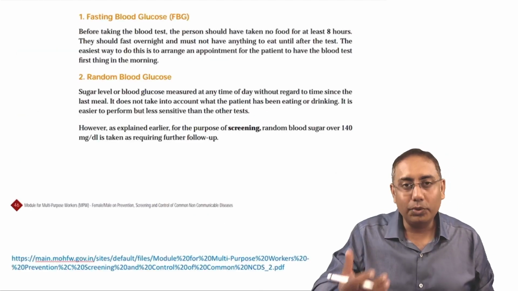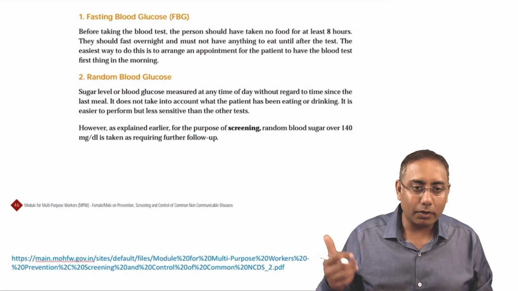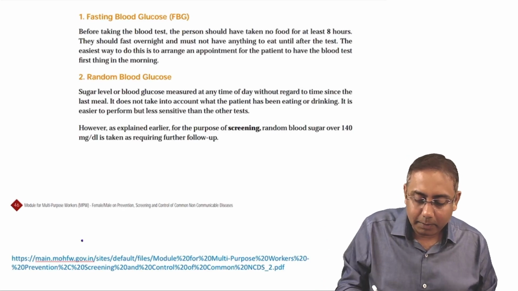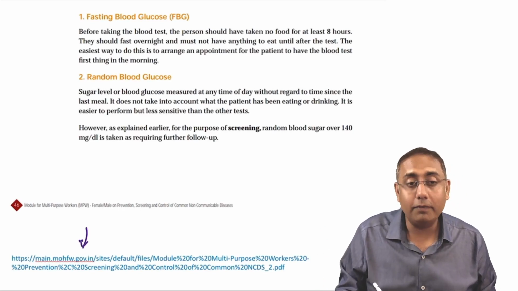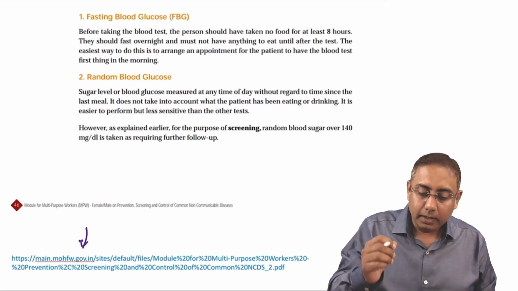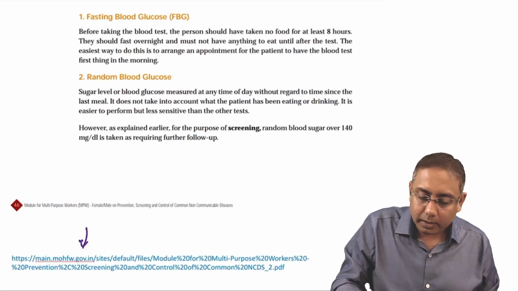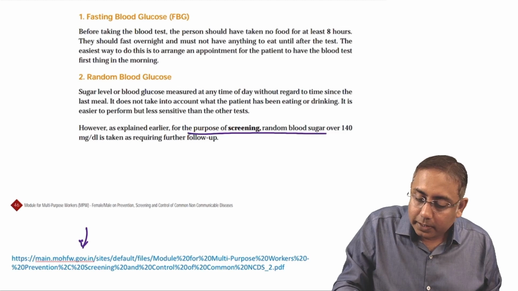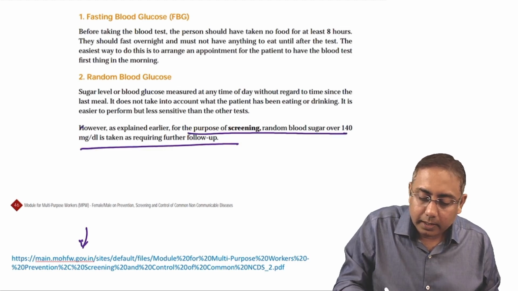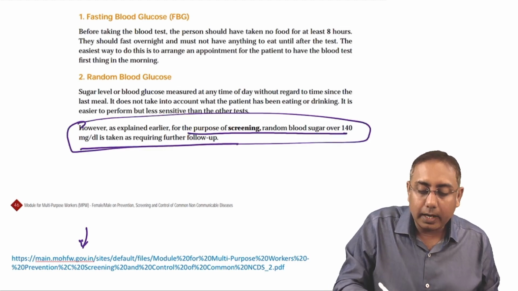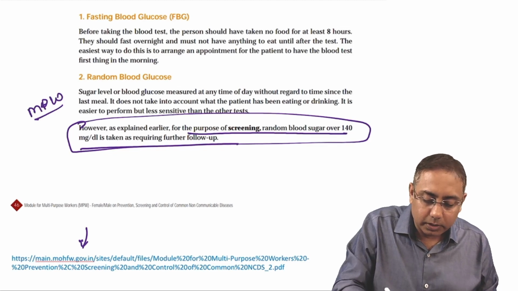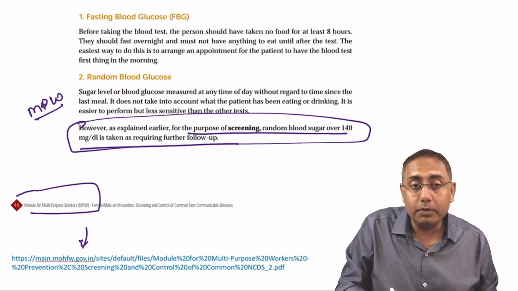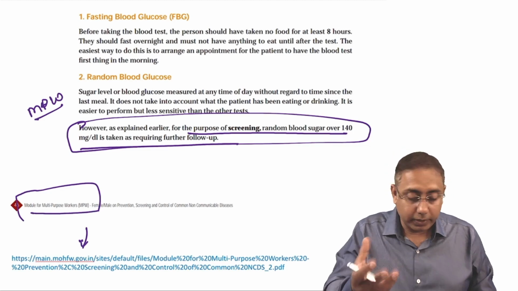So just to show you what I'm talking of, this is the data from the MOHFW, Ministry of Health and Family Welfare, Government of India. For the multi-purpose worker, for the purpose of screening, random blood sugar is taken as a screening modality. This is for the MPWs, from the guideline in the MPWs training module.